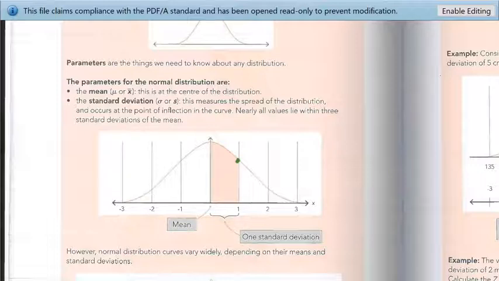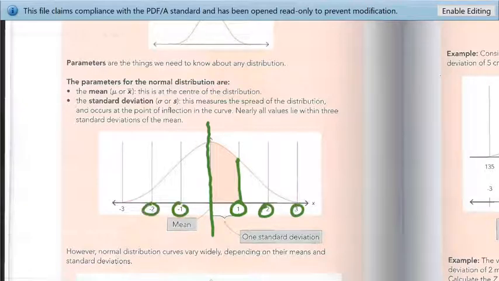So here's the mean. The mean is always where? In the middle. Yeah? And then as you'll notice, you have 1, 2, 3. And over here you have -1, -2, -3. Right? So each one of those numbers represents one standard deviation.